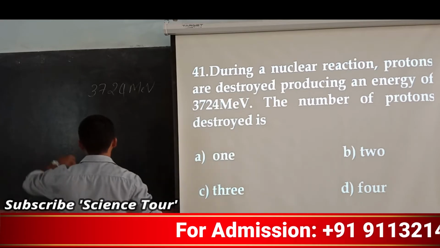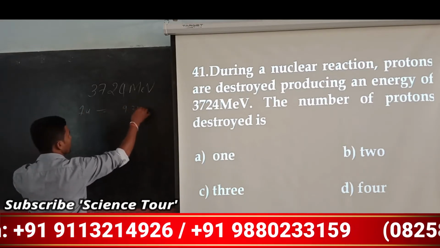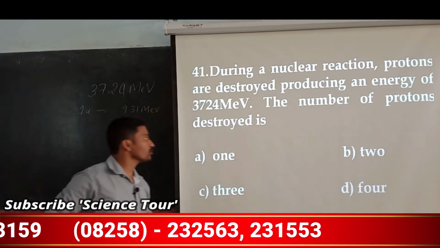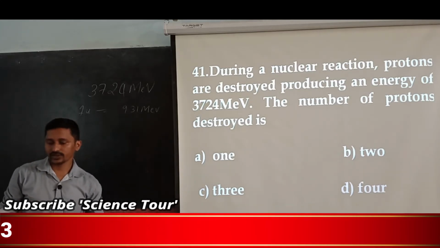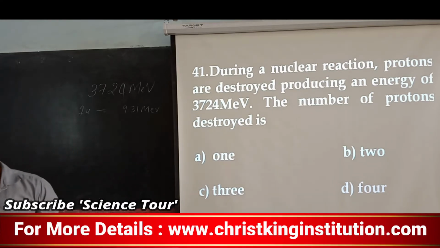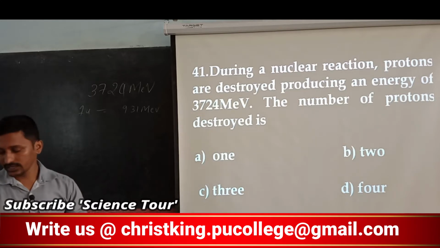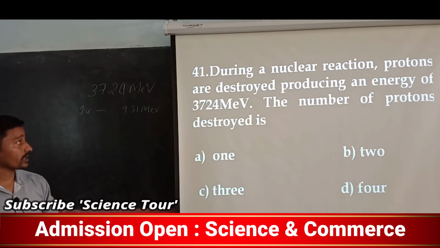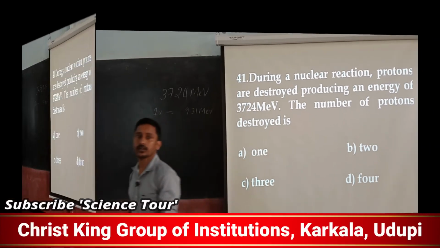So you know that 1 AMU is equal to 931 MeV, isn't it? 3724 MeV means how many AMU? Like that you can calculate, or else you can convert equivalently, and after that you can calculate how much energy is given.